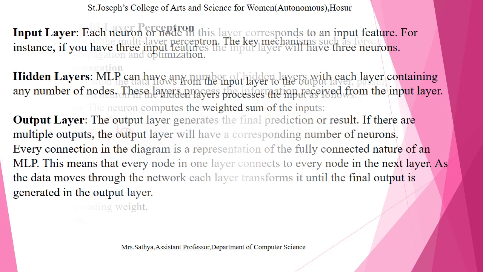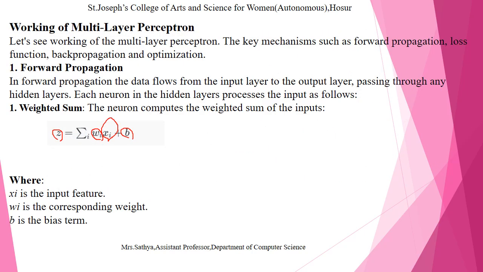Next is the working of a multi-layer perceptron. Here we see how a multi-layer perceptron works. It has some key mechanisms, such as forward propagation, loss function, back propagation, and optimization. For this session we will discuss forward propagation and back propagation.